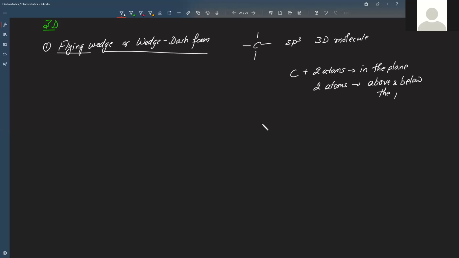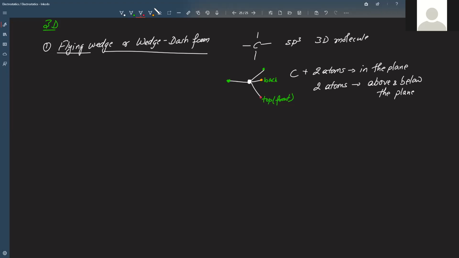Suppose this is carbon. Suppose these two are in the plane, and this is in the back, and this is on the top or front. Like this, we try to show these different atoms.